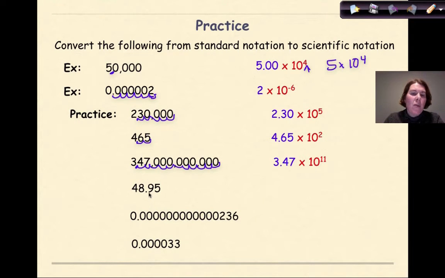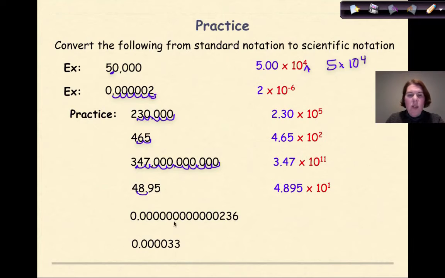So we have 48.95, and we want to put that in scientific notation. We need to have one number, which is the 4, in our ones position. So we're just going to move that space 1 over to get back to our original decimal point. And again, we are moving it to the right. So our answer for this one is going to be 4.895 times 10 to the 1.